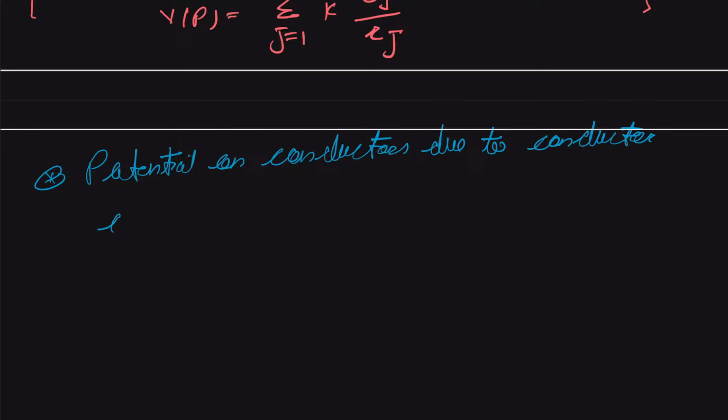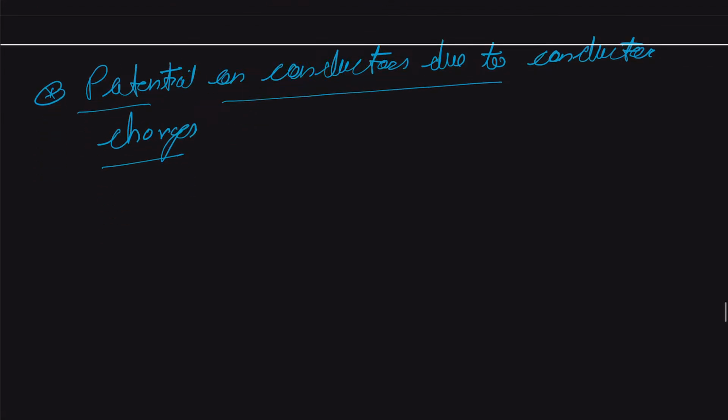We are going to treat them now as point charges. We know that our sphere A carries a charge of QA. So from here we can write potential at any point on B.